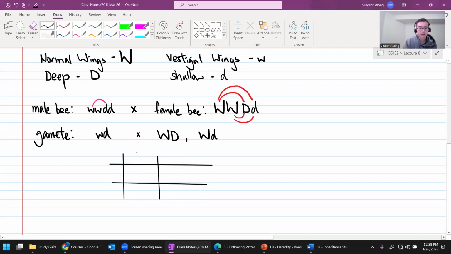Okay, so we're gonna have small w, small d on the side here, and then we're gonna have capital W, capital D, and capital W, lowercase d. Right? So again, this is like 1 by 2, which means you want the table to be 2 by 3. Always one extra when you create a table. And then we just put the letters together.